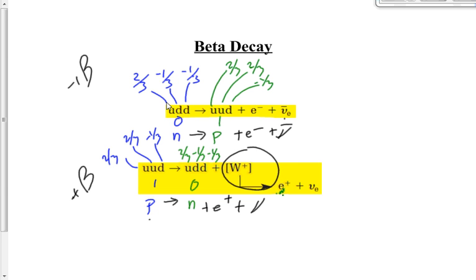Then that virtual particle, in turn, decays into a positron and a neutrino. As far as you're concerned, it's okay just to assume that the proton decays directly into the neutron, the positron, and the neutrino. But it's really two steps. There's this virtual particle in between. Does that make sense?